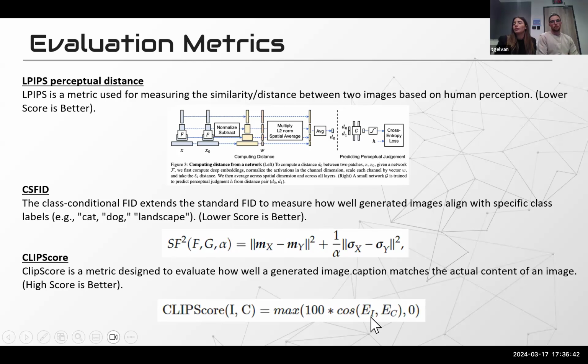The first one is for the image caption, and the second is for the image. And within the embedding vectors, I compute the cosine similarity, and then I use this scaling just for interpretability. And this is a metric to evaluate how well a generated image caption matches the actual image.